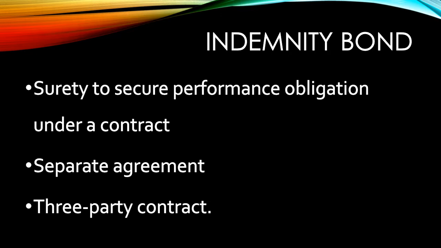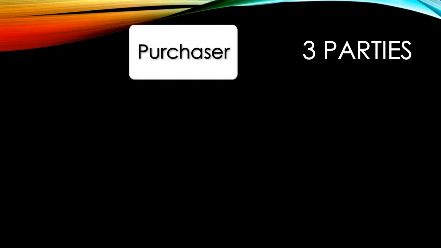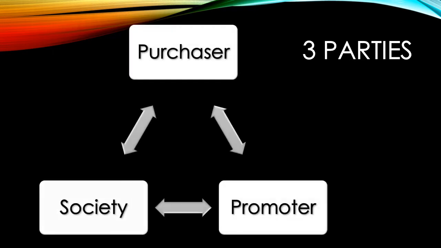Let us see who those three parties are. These three parties in the case of our maintenance deposit, society and members, are the purchaser, the promoter, and the society. Let us explore how these three parties are engaged with each other by the medium of the agreement to sell and the rules of the society.